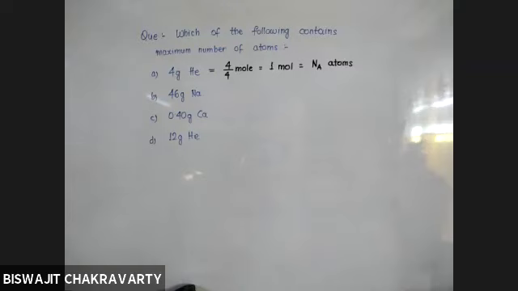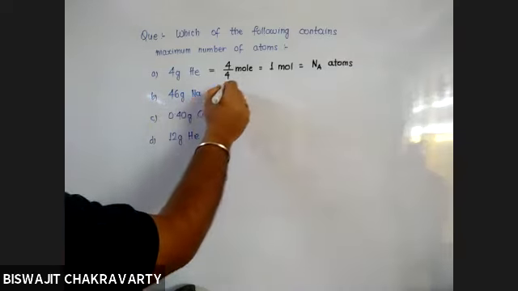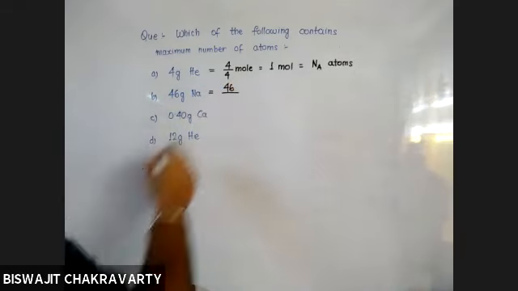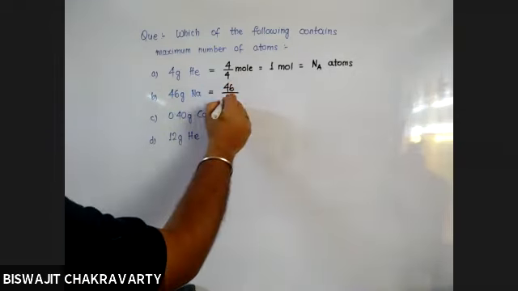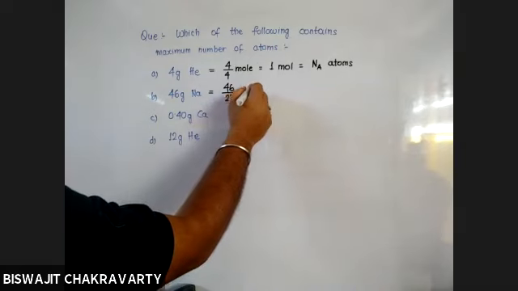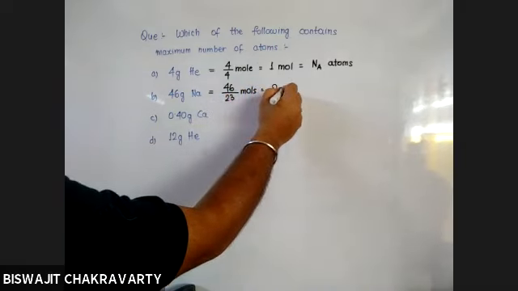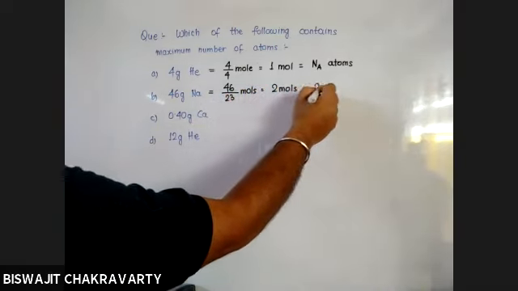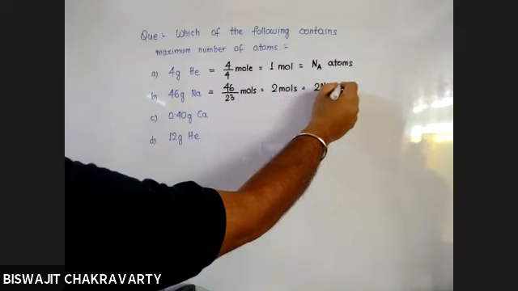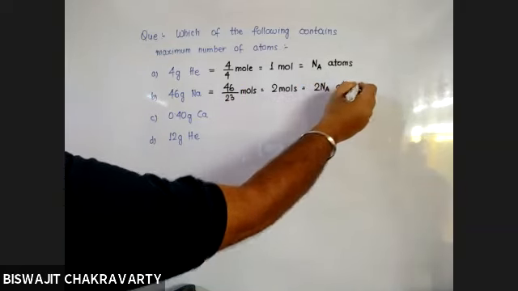What is the total number of atoms in the second option? 2 Na. 46, what have you divided with? 23. So 23, 2 moles, isn't it? Have you done this?